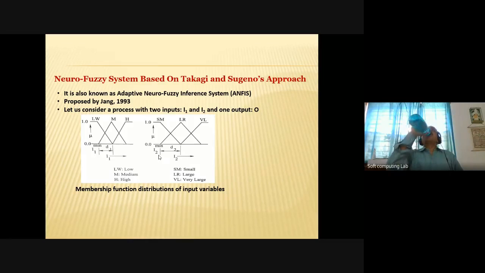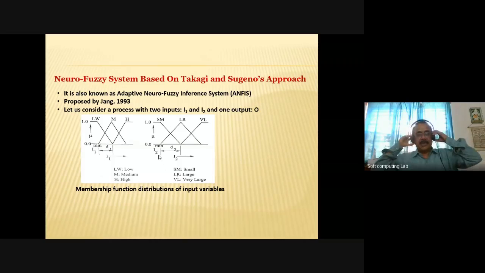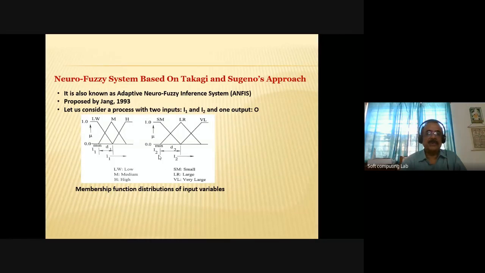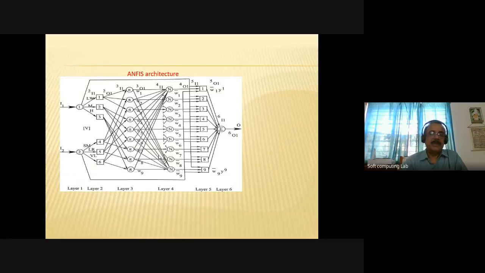Now, this particular neuro-fuzzy system is designed based on the Takagi and Sugeno approach. So this is basically a Takagi and Sugeno approach of fuzzy reasoning tool, but expressed with the help of the structure of a neural network.